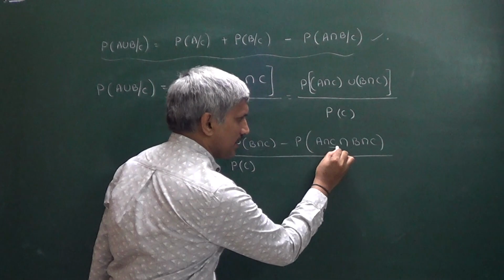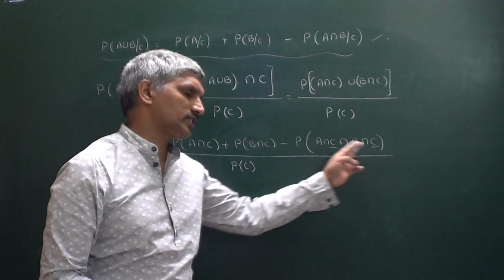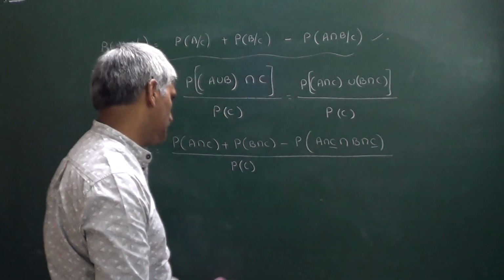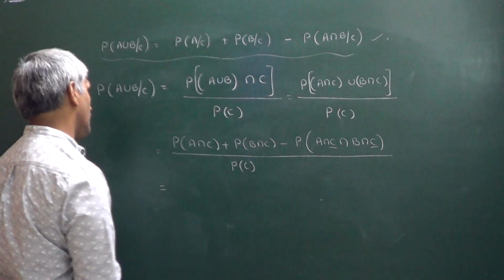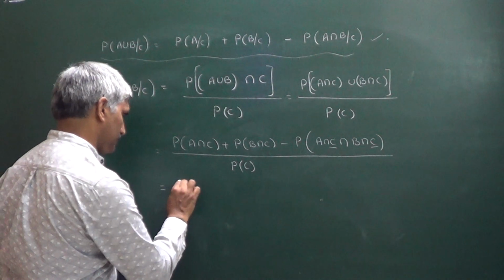Now C ∩ C, all are intersections only, so we can write this as P(A ∩ B ∩ C).